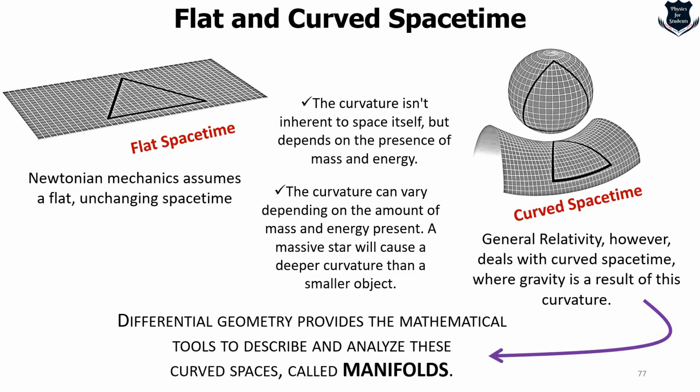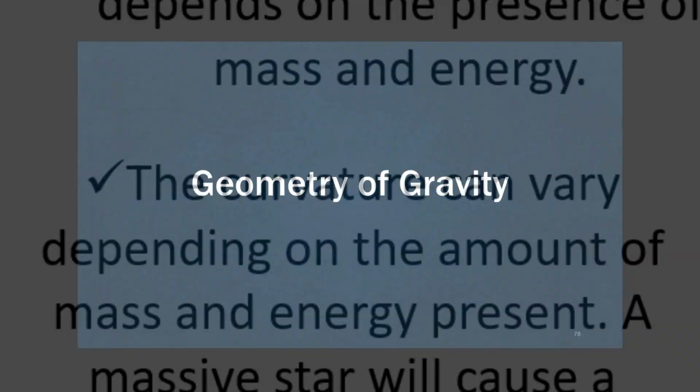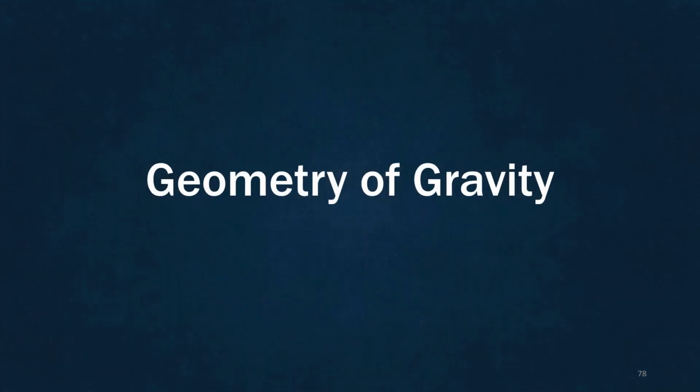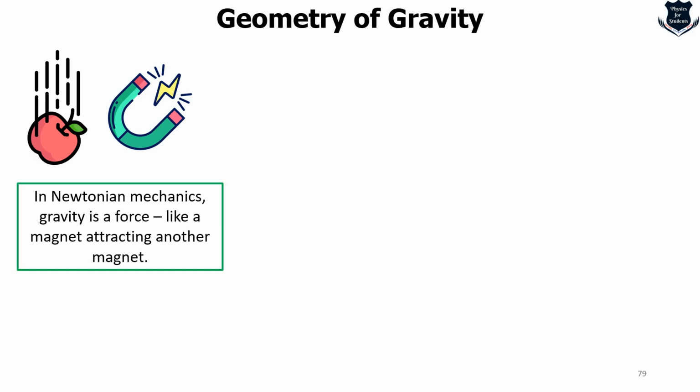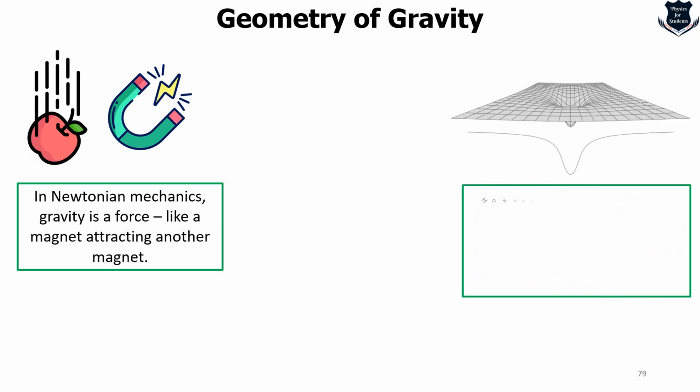So differential geometry is a tool which describes and analyzes these curved spaces which exist on manifolds. Hold on, I will explain very briefly what a manifold is, but before that, this geometry is actually responsible for causing gravity. This is called the geometry of gravity. In Newtonian mechanics, gravity is a force, like the electromagnetic force of magnets attracting each other.